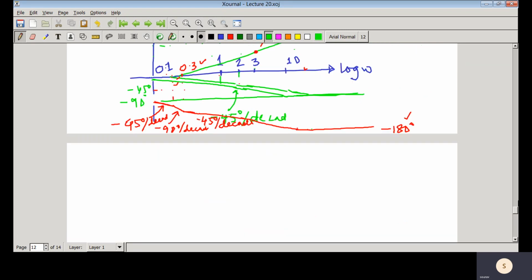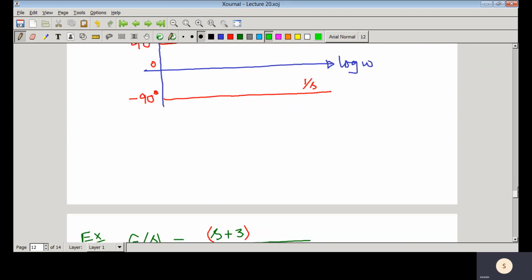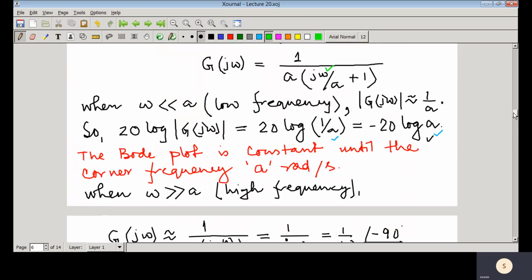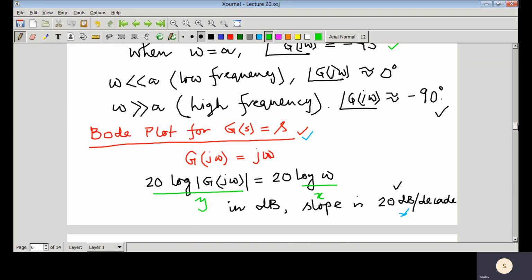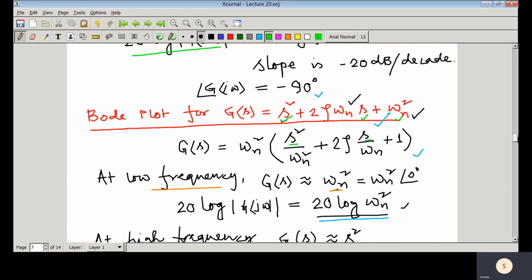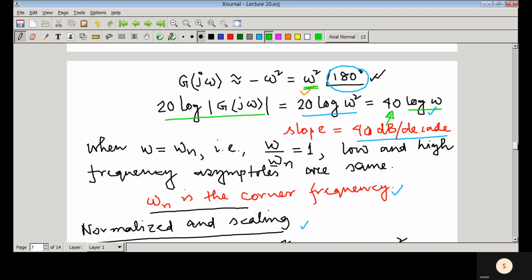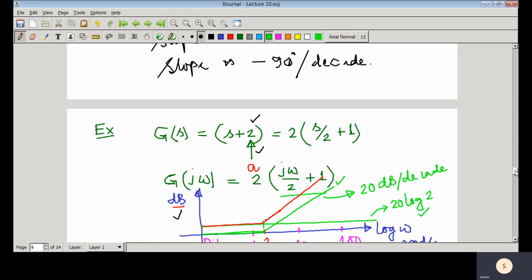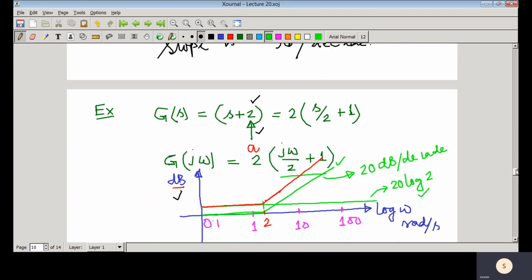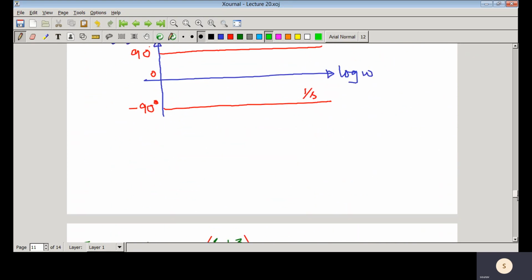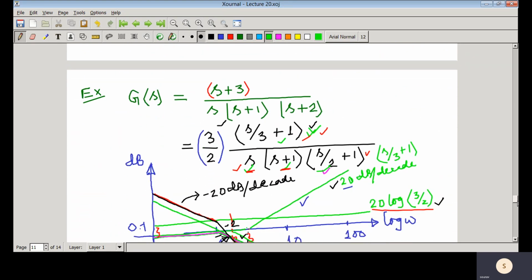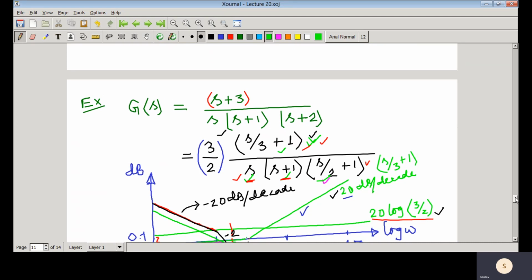So let us see what we have discussed today. Today we started with S and 1 by S, and then we discussed the second order term, and then we have shown how the asymptotic Bode plot looks if we draw it for S plus A, or 1 by S plus A, or S or 1 by S. And we have taken one example, and this transfer function is that loop transfer function.